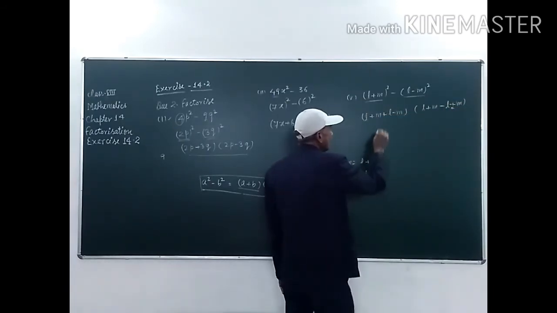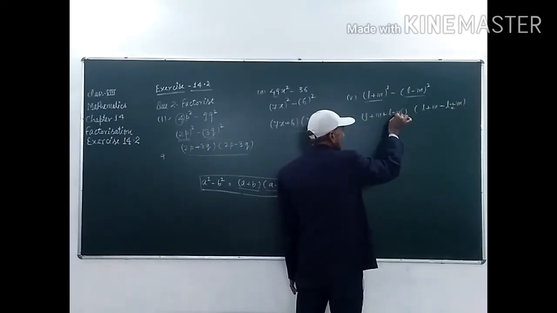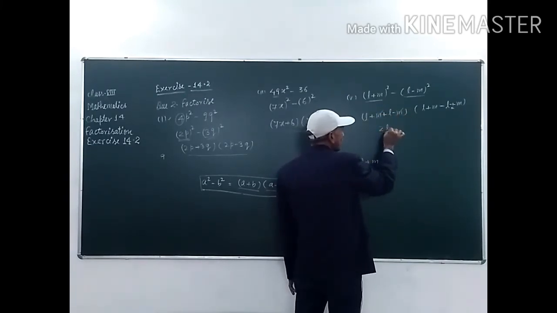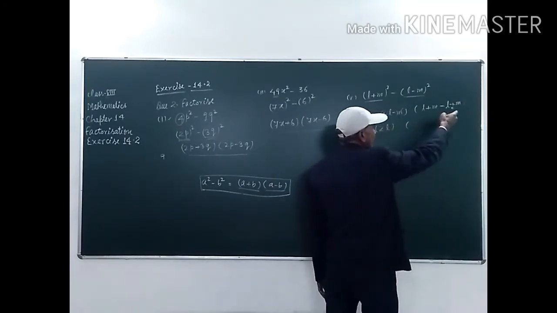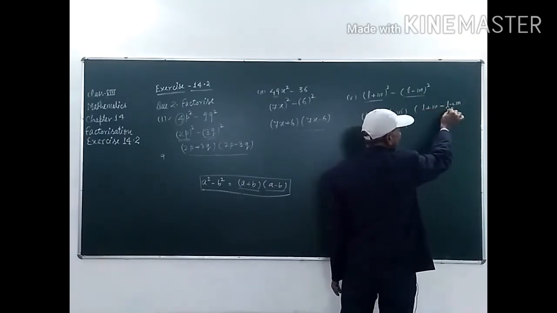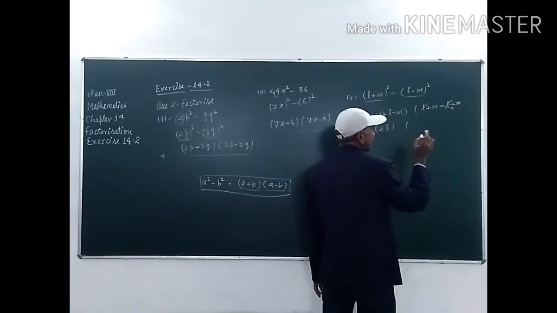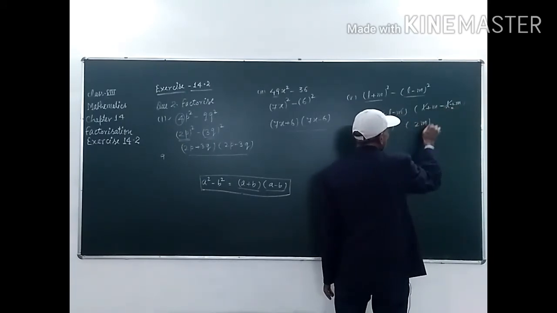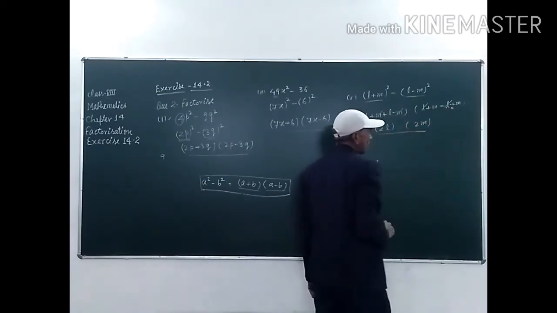Clear? So, in this bracket, minus M and plus M, it is cancelled. So, here 2L, and in this bracket, this one L is positive here and L is negative here. So, negative and positive, it is cancelled. So, M plus M, that is 2M. This one is the answer, student.